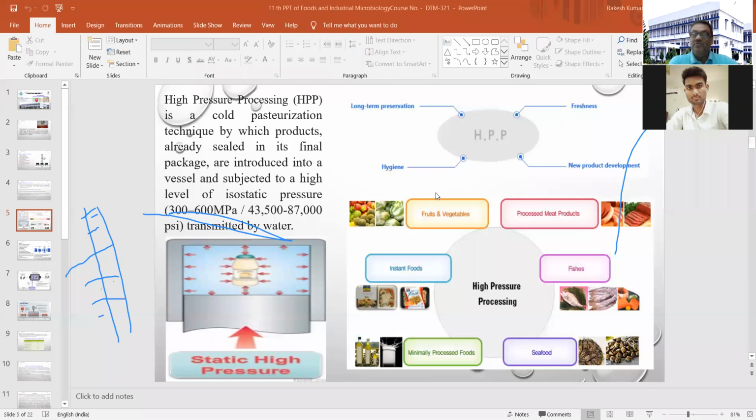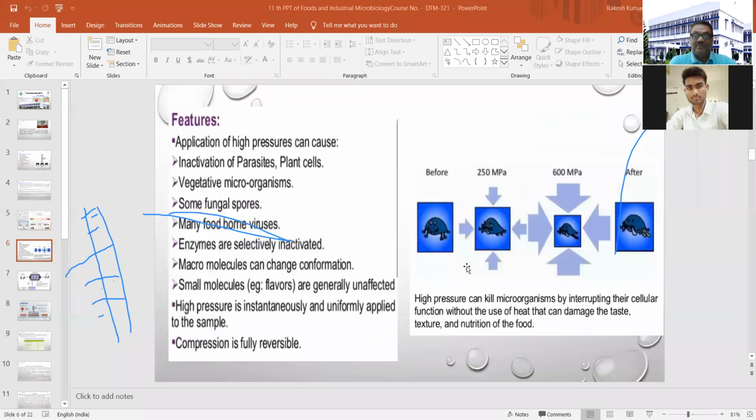Now you can use this treatment in fruits and vegetables. You can also use it for processed meat products, fishes, seafoods, then minimally processed foods and infant foods. So this high pressure technology you can use in these products.